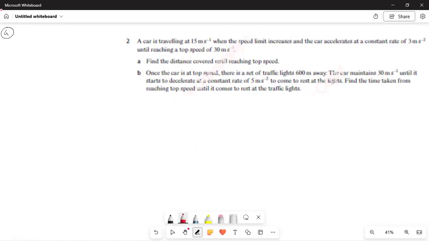Remember, I will use the third equation: 2as is equal to v squared minus u squared.